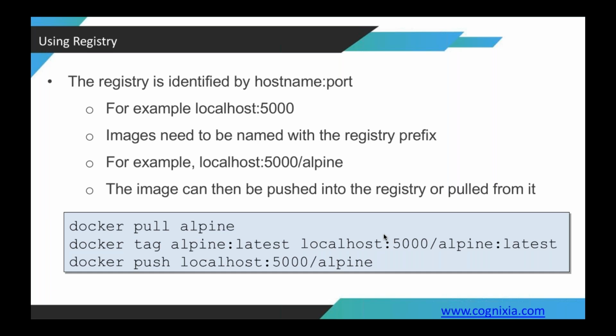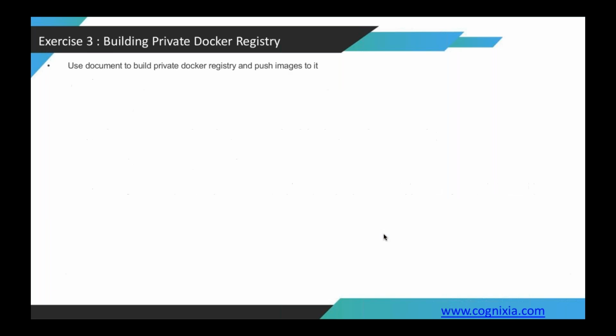So we tag it as localhost:5000/alpine:latest to identify that it is running on our local registry, and then we can push it to our localhost registry which is running on port 5000. So we are pulling from Docker Hub, changing the name of the Alpine Linux image, and then pushing it inside our private registry. This is what we are going to do practically as well.